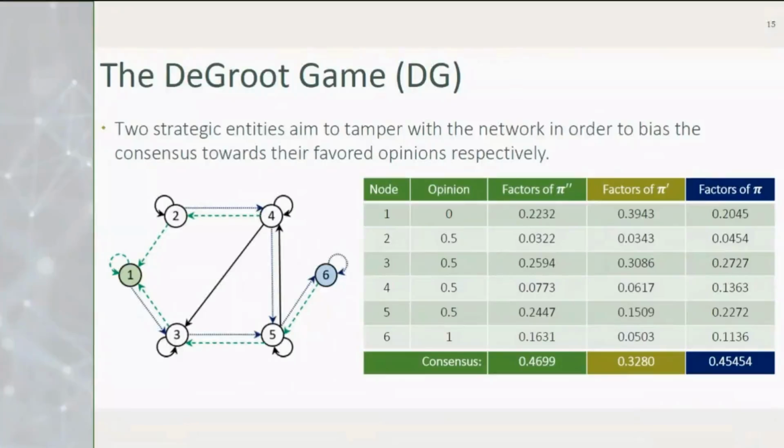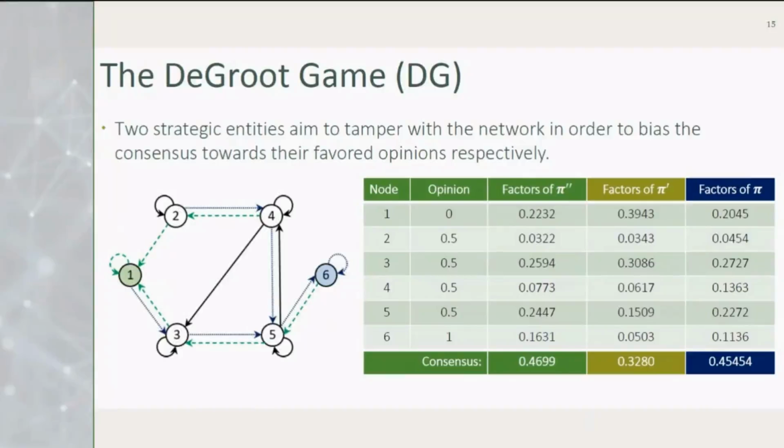These are the optimal strategies, and although this example is a small one, it only hosts 6 members, we were able to show that such influence scenarios can be conducted, can be analyzed in greater networks, in networks that have more than 100 nodes in them.